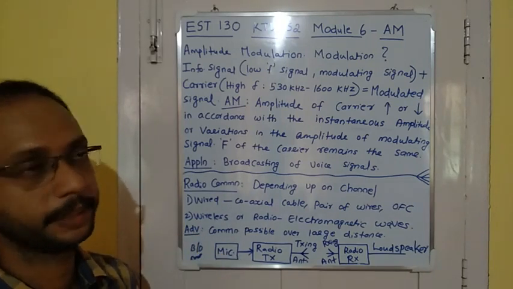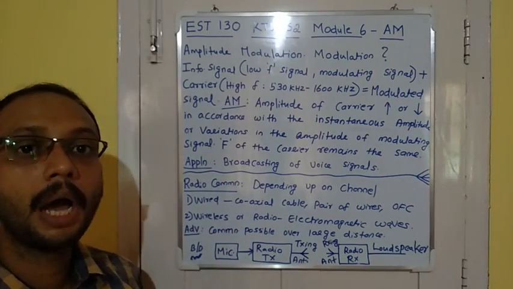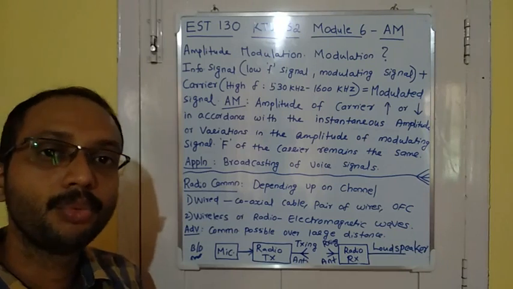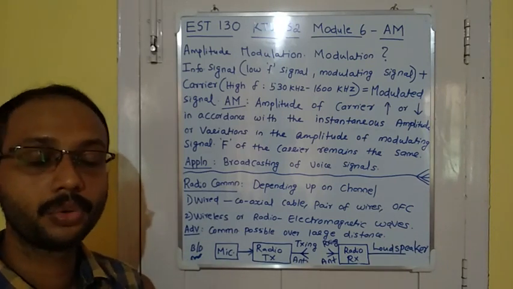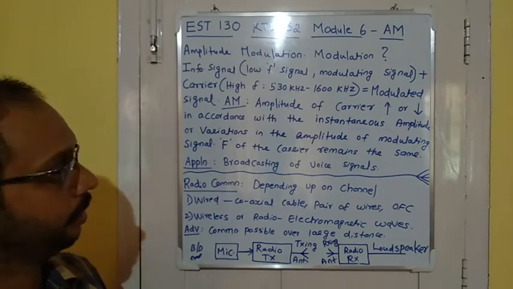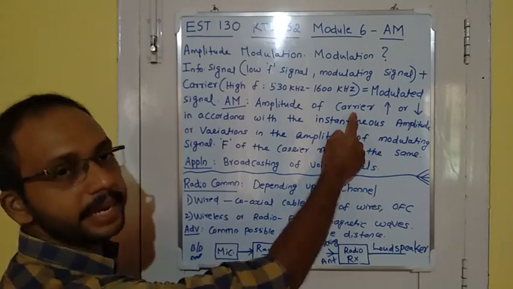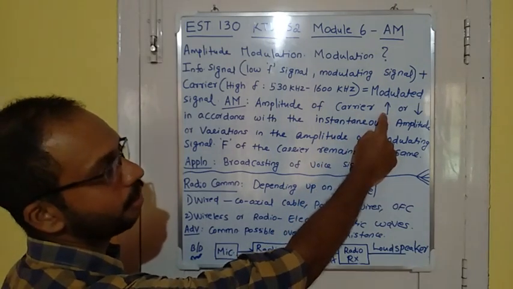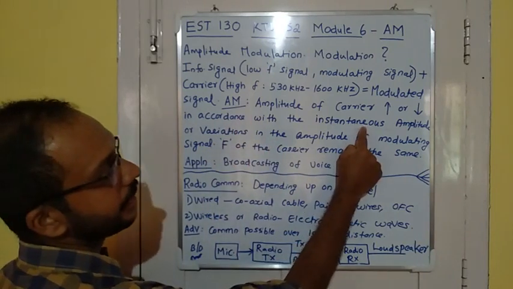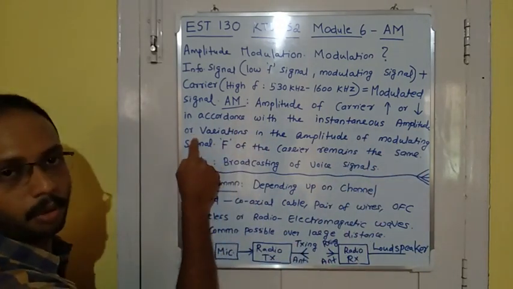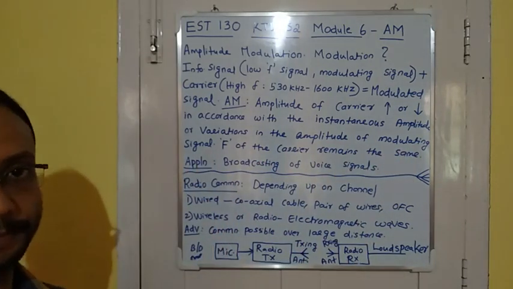In amplitude modulation, the amplitude of the carrier signal is varied in accordance with the instantaneous amplitude of the modulating signal. So in AM, the amplitude of the carrier is increasing or decreasing in accordance with the variations in the amplitude of the modulating signal.